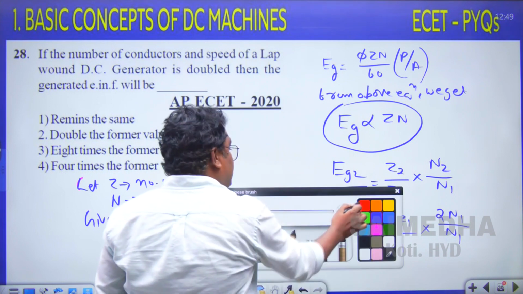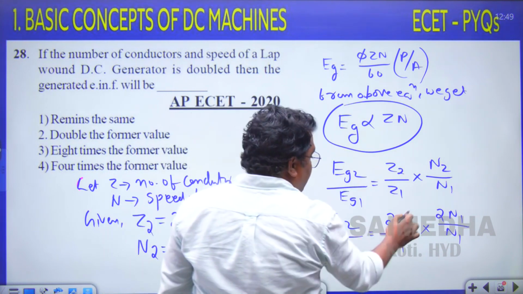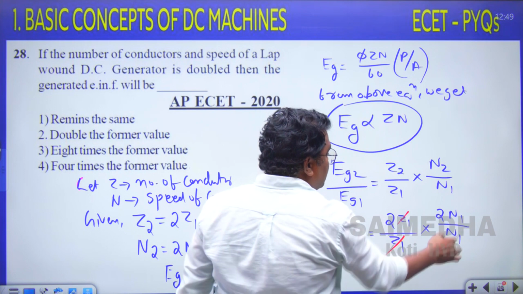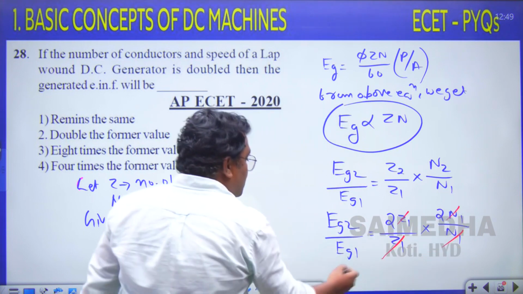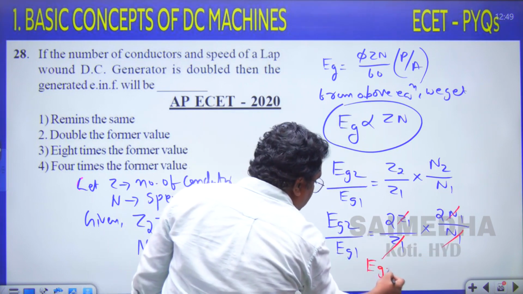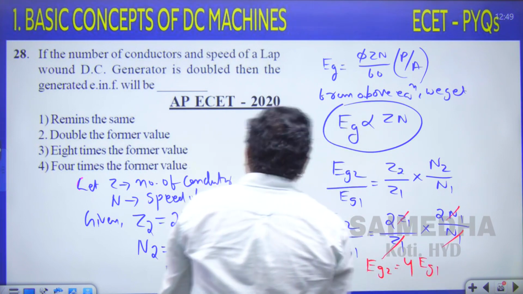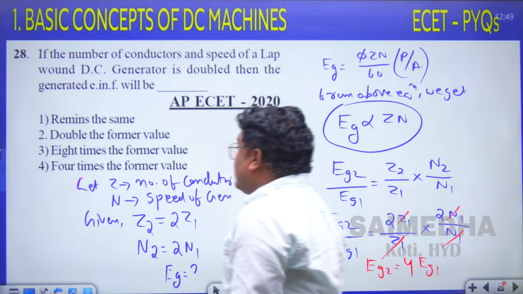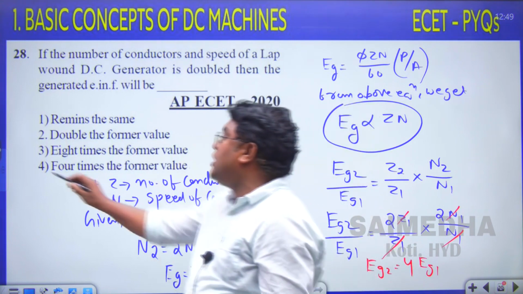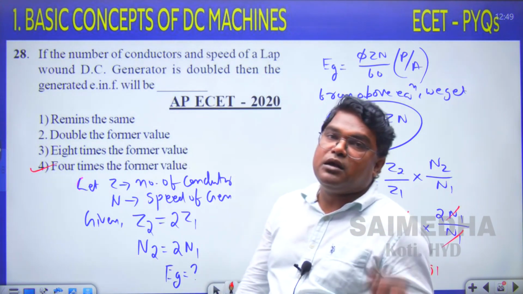So Z1 cancels out, N1 also cancels out. The remaining terms give Eg2 equal to 2 into 2, so 4 times Eg1. So the answer for this question is 4 times the previous value, so option 4 is correct.